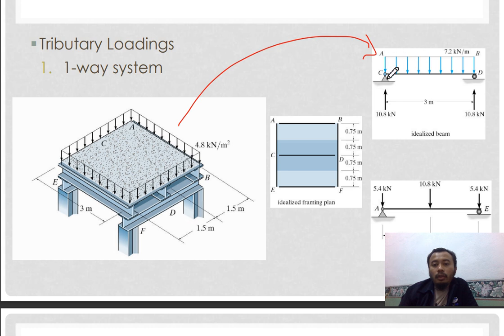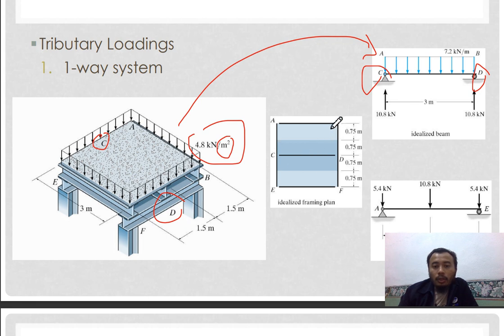So the beam CD, C and D. So you distribute the load from the slab, which is 4.8 kilonewton per meter squared. So you multiply by the tributary length, or the length being separated. In this case, it is a one-way system.